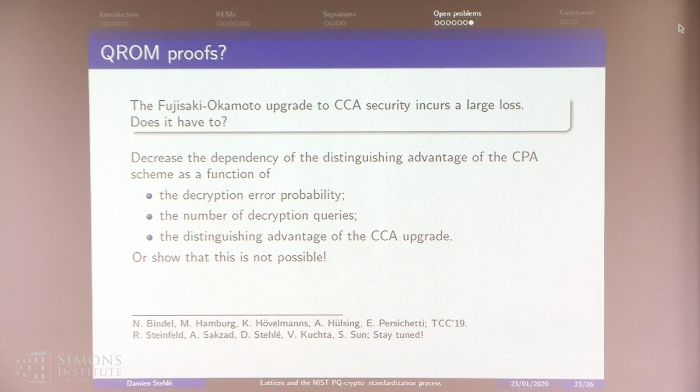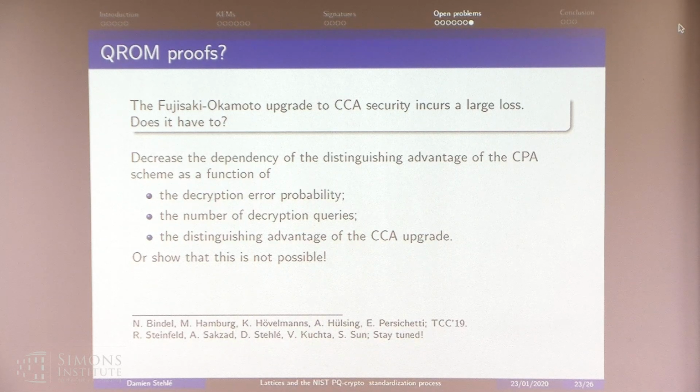Another set of open problems is related to the QROM proofs. The Fujisaki-Okamoto upgrade to CCA security incurs a large loss in terms of advantage to distinguish between different ciphertexts.